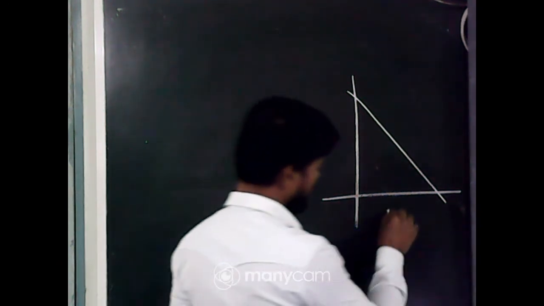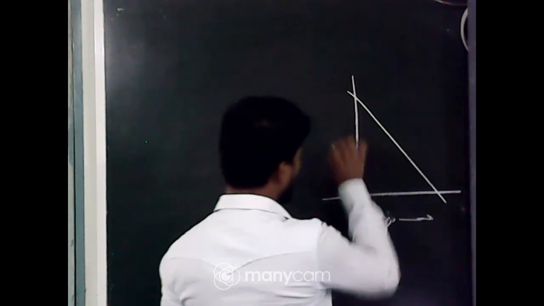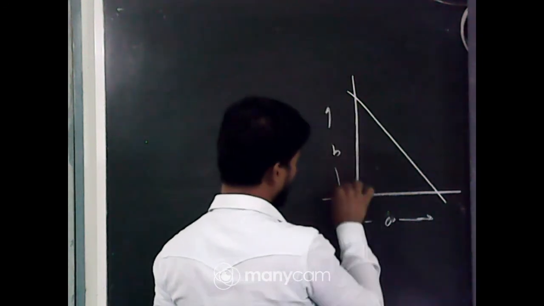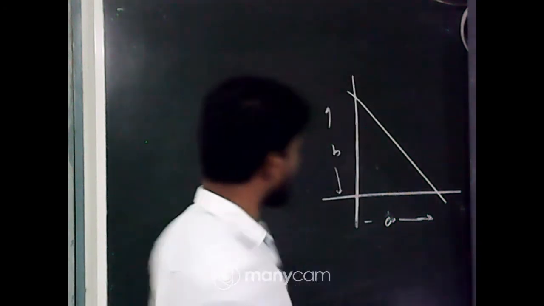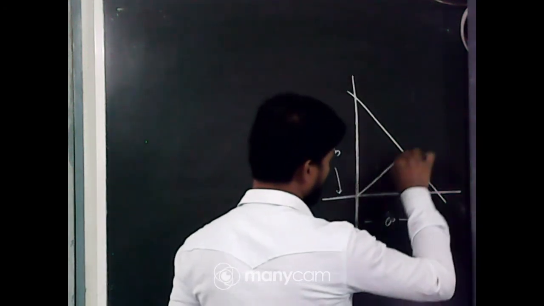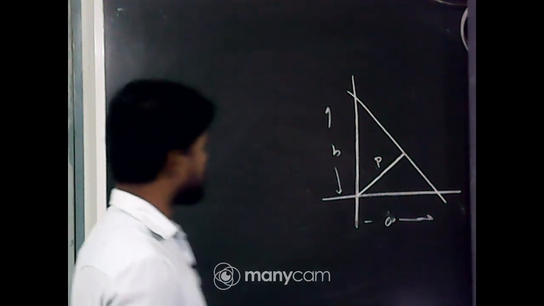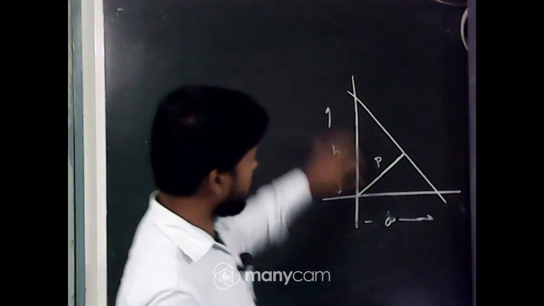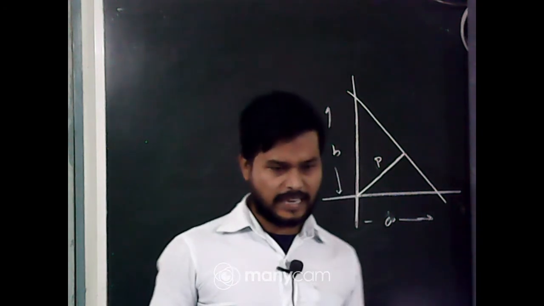So this distance is a unit and this distance is b unit. And p is the length of the perpendicular from the origin to the line. Then we have to prove that 1 by p square is equal to 1 by a square plus 1 by b square.